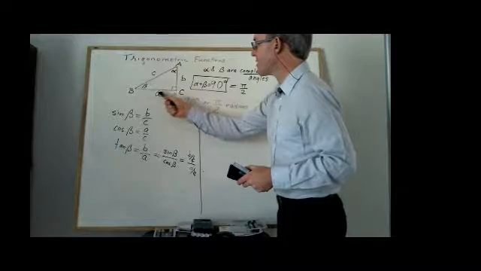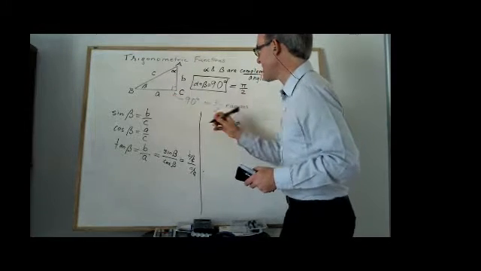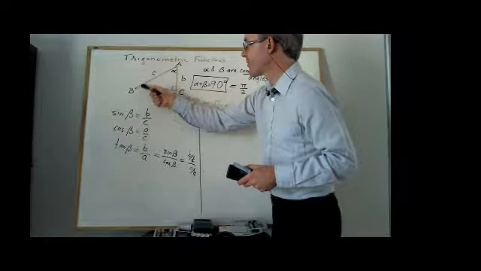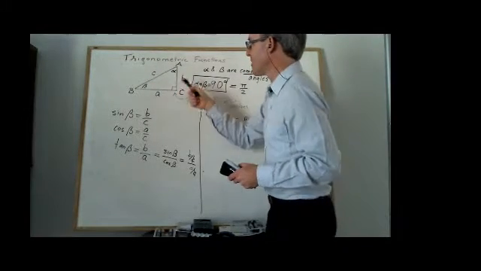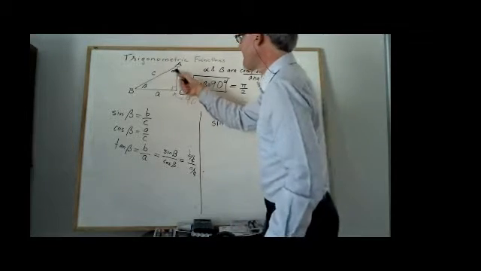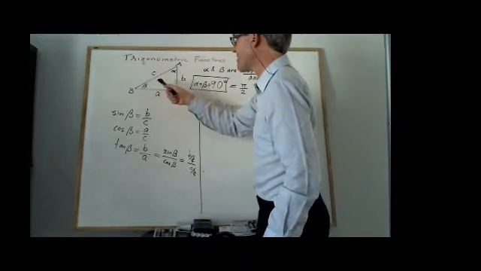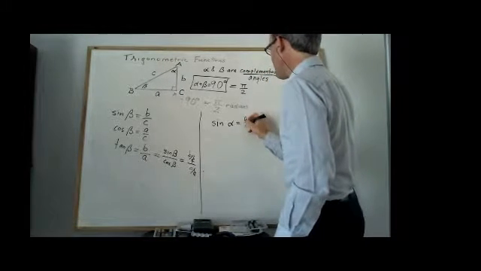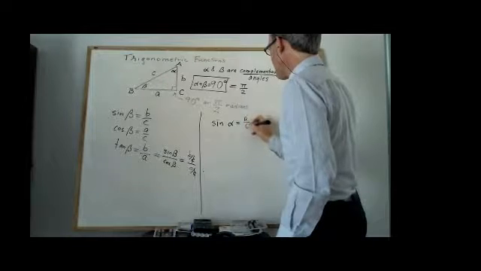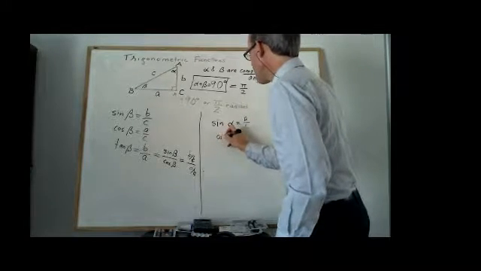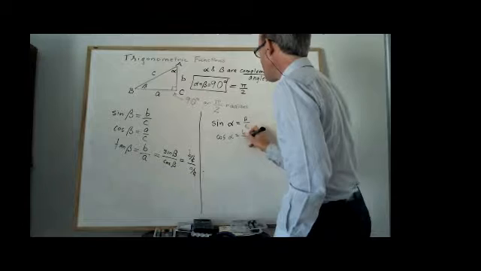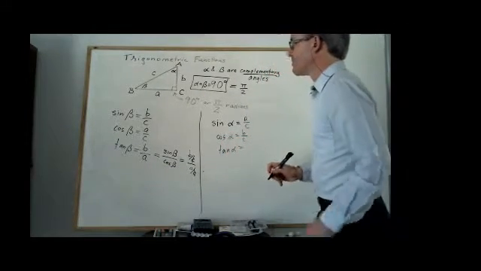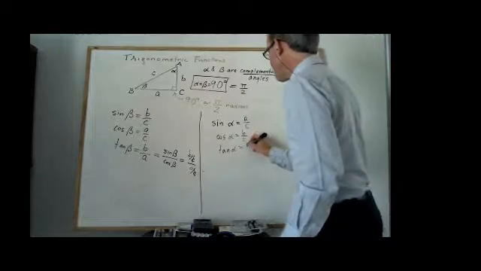Here the opposite is a. So I look for the opposite, that's a, over the same hypotenuse. Alpha has the same hypotenuse as beta does. It's the same right angle triangle. So it's c that I divide by. And the cosine of the angle then is b over c, and the tangent of alpha is a over b.